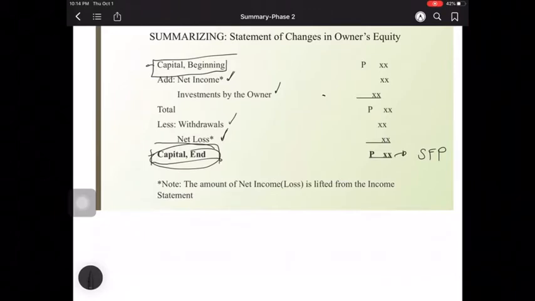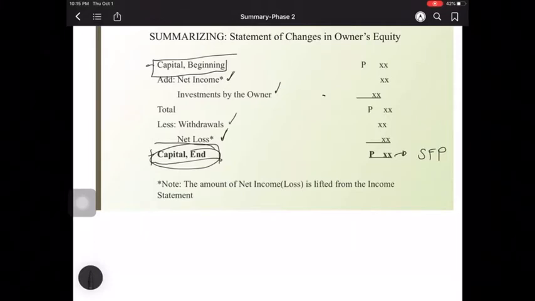So you have to be very careful in carrying out the process. You have to follow the steps on how to prepare these financial reports. Otherwise, you would just be wasting time looking for the balancing or the missing amounts. Why is it that you cannot balance your statement of financial position later on?